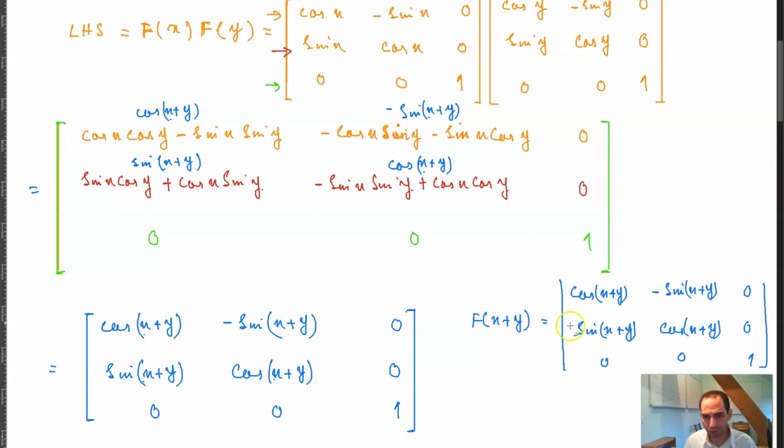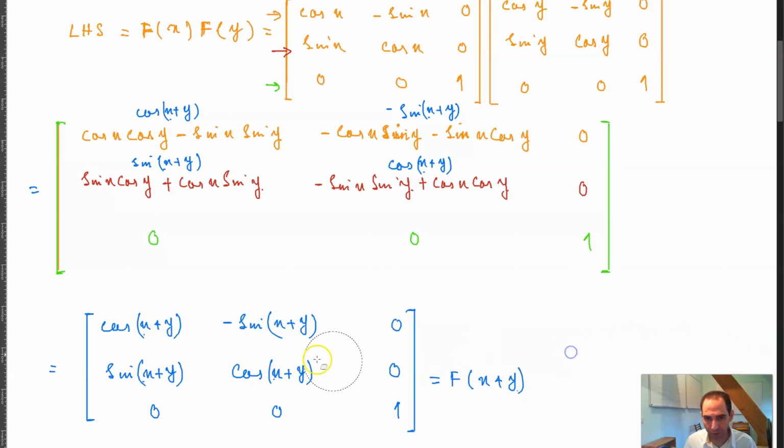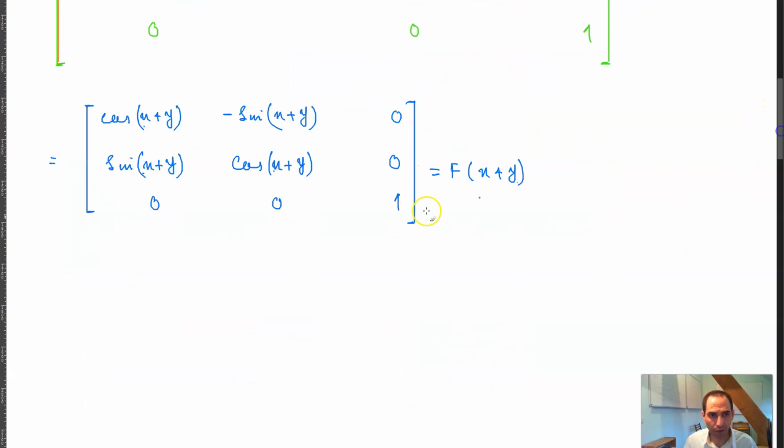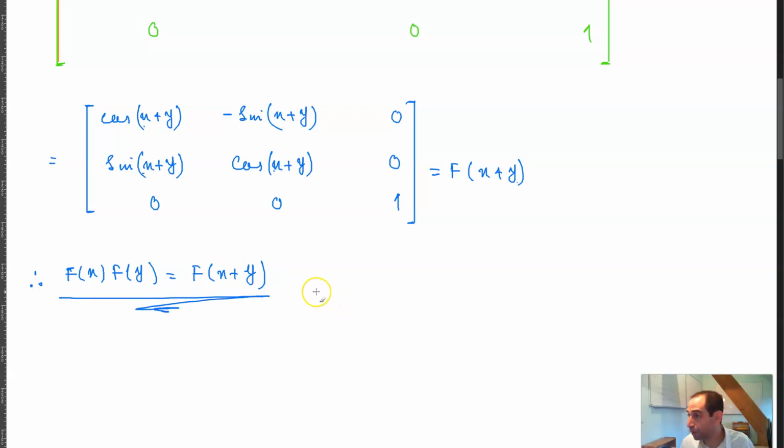So that would be f of x plus y, and if you compare, you will get exactly the same thing here, which means that f of x times f of y is equal to f of x plus y. That is what we wanted to show.